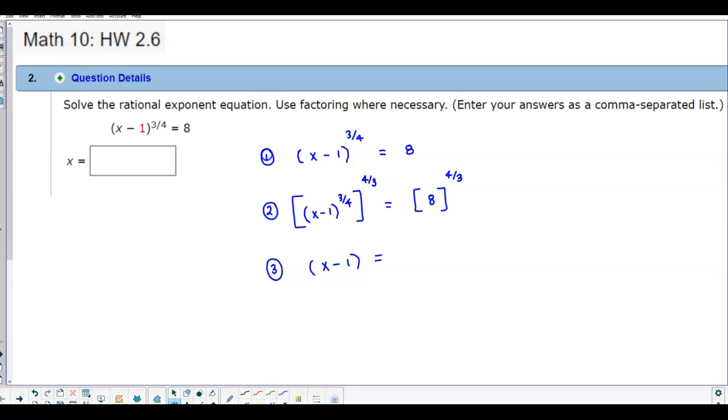And over here, we're now going to use this 8 to the 4/3. Recall that the denominator represents the root. So we can rewrite this as 8 to the 1/3 raised to the 4th power.